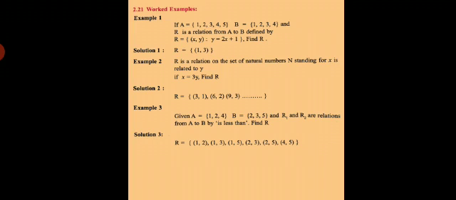First example, if A is equal to {1, 2, 3, 4, 5} are the elements of set A and set B contains the elements {1, 2, 3, 4} and R is a relation from A to B defined by R is equal to the ordered pair (x, y) such that y is equal to 2x plus 1.